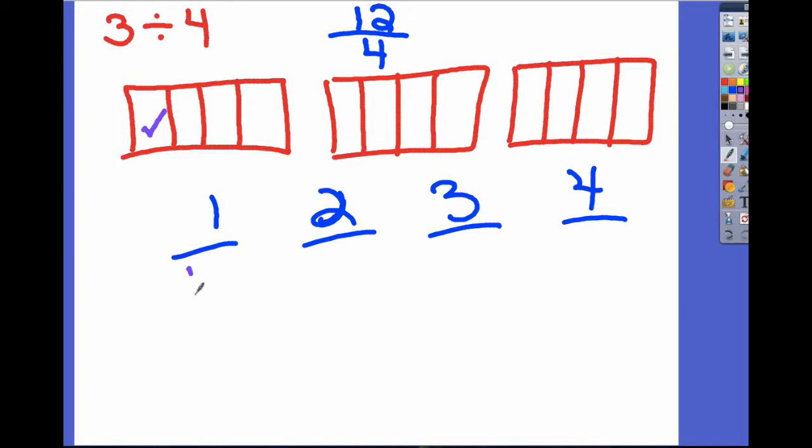I'm going to bring one down. Then what am I going to do? This one? And what am I going to do? Under 2? Okay, so you guys just keep going through.